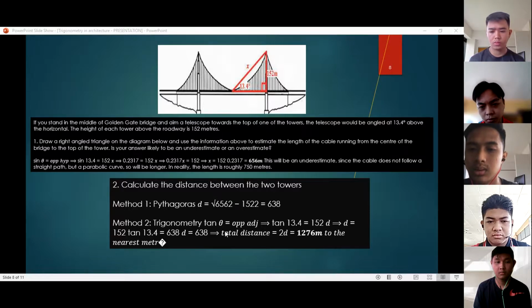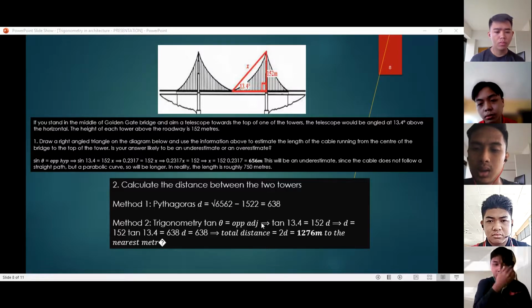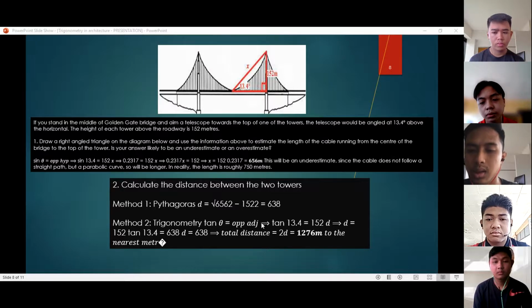We will move x to the left side and 0.2382 to the right side, and it will become x equals 152 over 0.2382. And the answer for x is 638 meters.